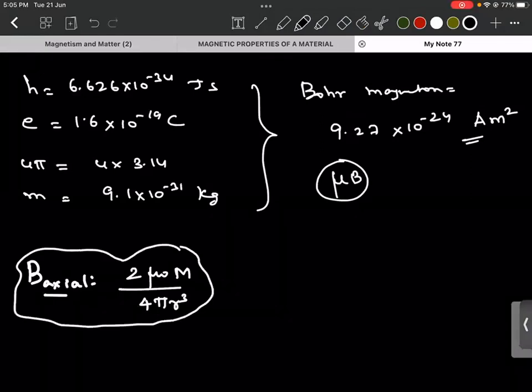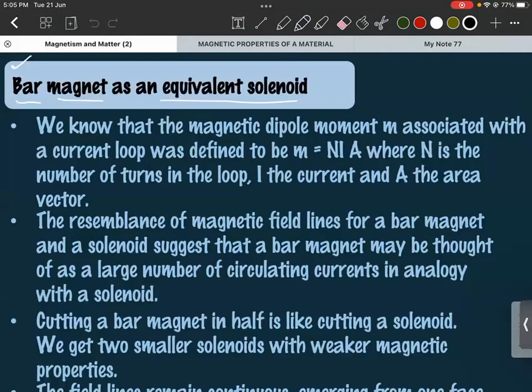We are not concerned about the derivation of how we got this, because it's not a part of your curriculum. Today we are going to start an important topic, bar magnet as an equivalent solenoid.